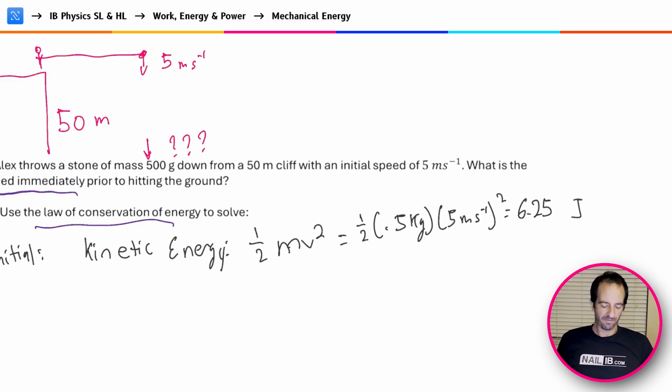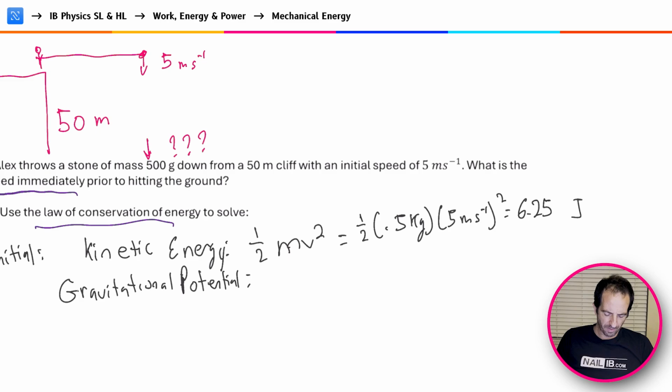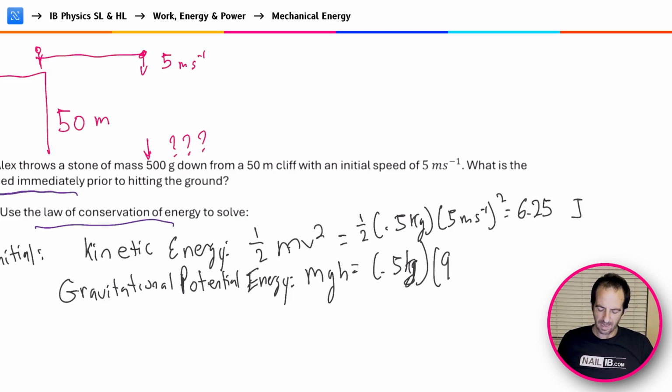But that's not the only energy we have. We also have gravitational potential energy, which comes from its position, its height. So this is mass times gravity times height. We have the same mass, 0.5 kilograms, we have gravity, which is 9.8 meters per second squared, and we have the height, which is 50 meters.